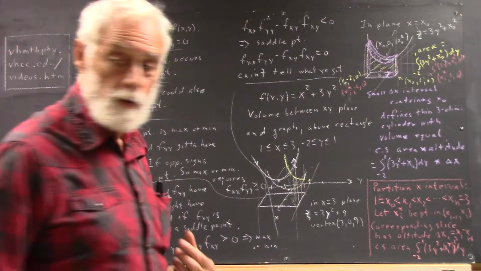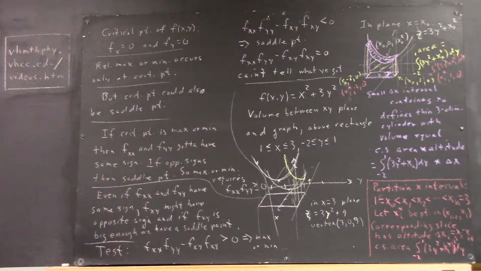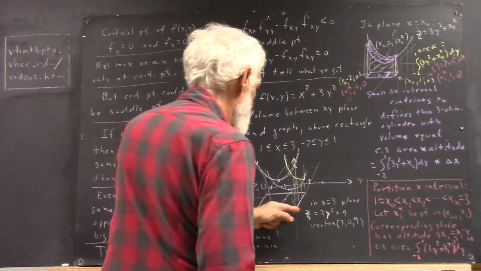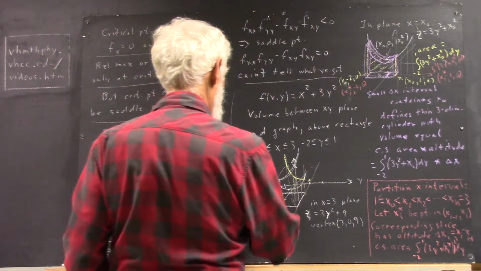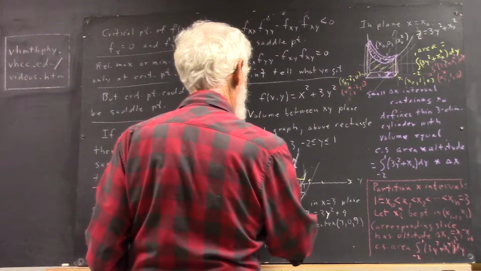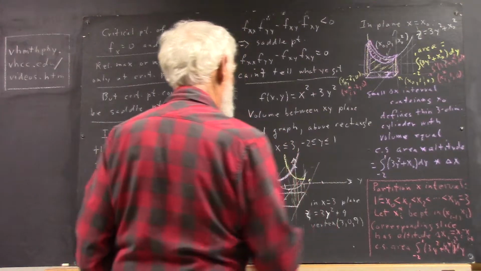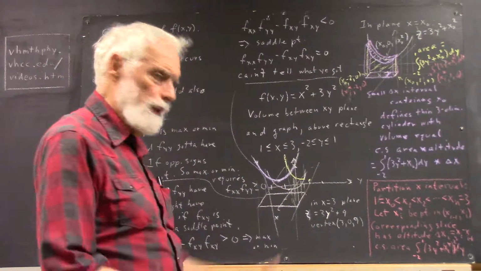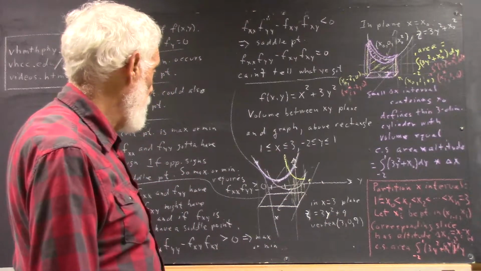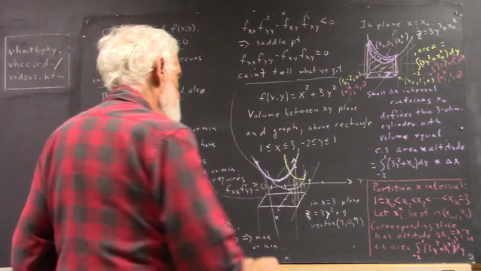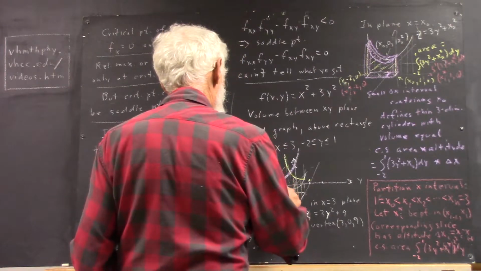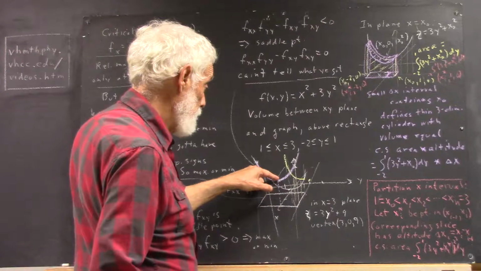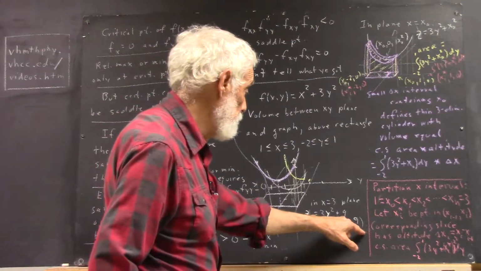So the part of that parabola that corresponds to this edge of our rectangle would just be this. A little higher over here than it is over here. And that's not drawn with any great accuracy, but that's kind of what it is. It would have a vertex directly above the x-axis, and the vertex would be at 3, 0, 9.